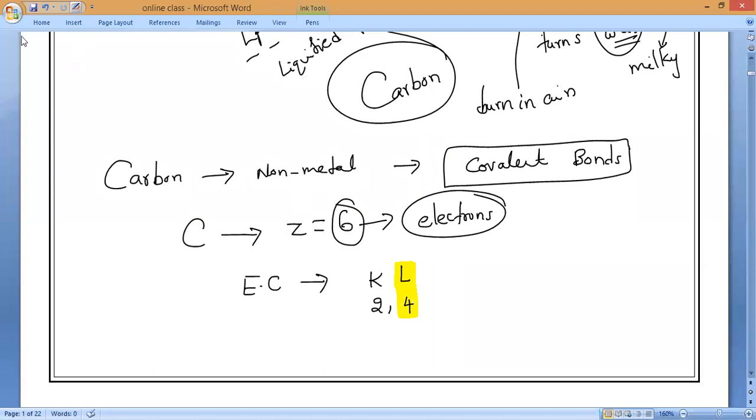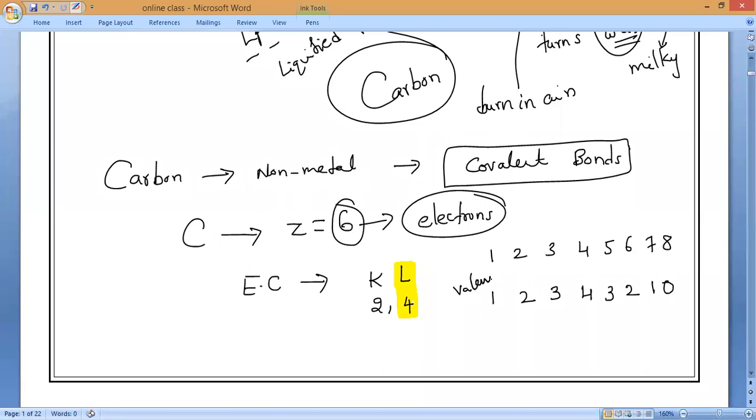As we know, valence shell electrons can be 1, 2, 3, 4, 5, 6, 7, 8. If there is 1 electron, valency is 1; 2 electrons, valency is 2; 3 electrons, valency is 3; 4 electrons, valency is 4. 5 electrons means what, guys? Valency is again 3, 6 means valency is 2, 7 means valency is 1, and 8 means valency is 0.